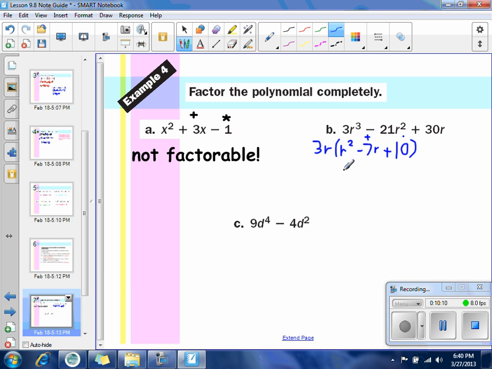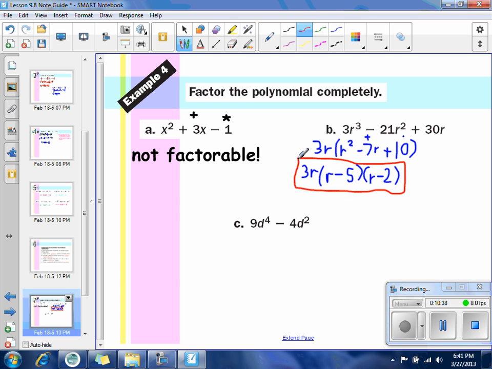Well, yeah, -5 and -2. So this can actually be factored, remember your 3r, into r minus 5 and r minus 2. So you need all 3 of these factors to have the correct answer. This answer literally is 3r times r minus 5 times r minus 2. You have all of it.